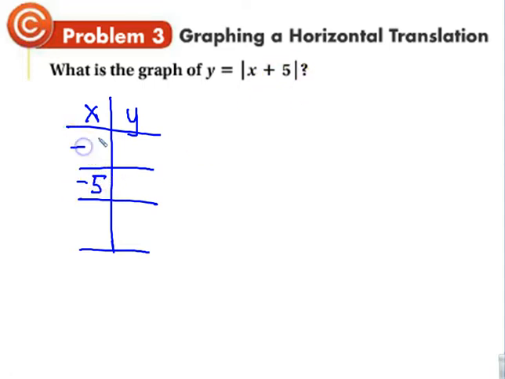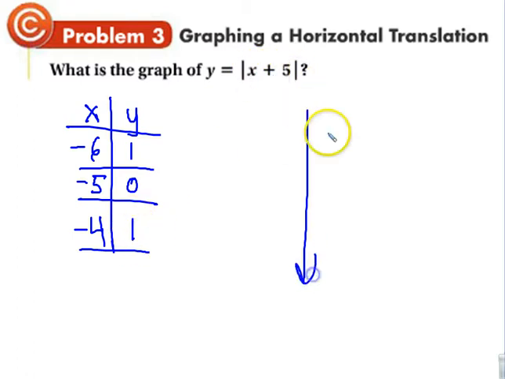And then I'm going to use one smaller and one bigger. We'll see what happens. Okay, -6 plus 5 is -1. The absolute value of -1 is 1. -5 plus 5 is 0. And then we have -4, that's 1. Okay, so you see what happened. I used the number that was inside the absolute value, the opposite of it.